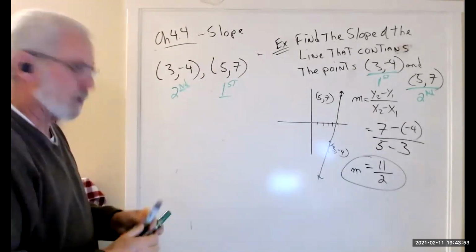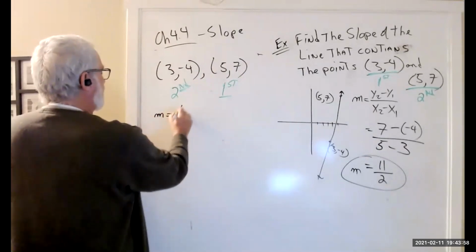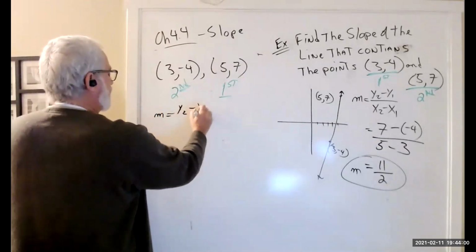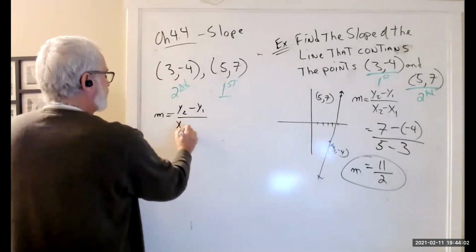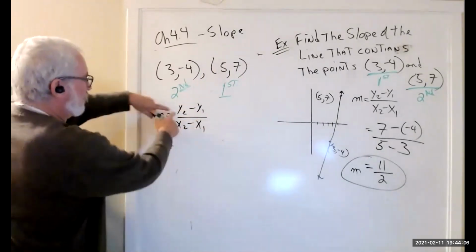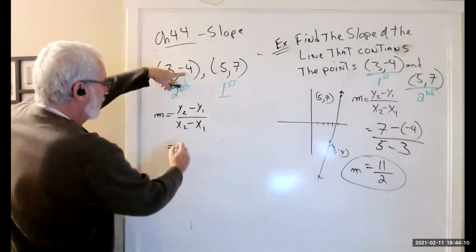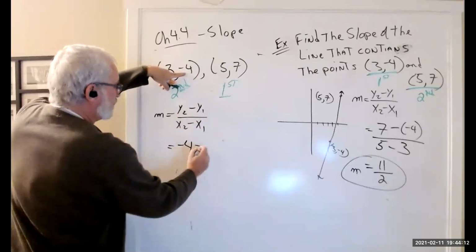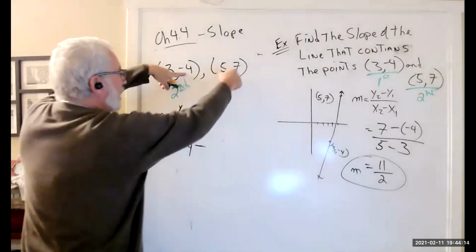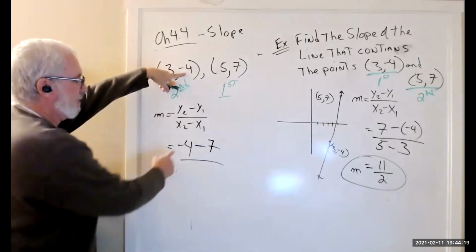All right, well, let's see what happens. So we start with the same formula. M equals y sub 2 minus y sub 1 over x sub 2 minus x sub 1. So we start. This time, the second y value is -4 minus the first y value is 7. -4 minus 7.